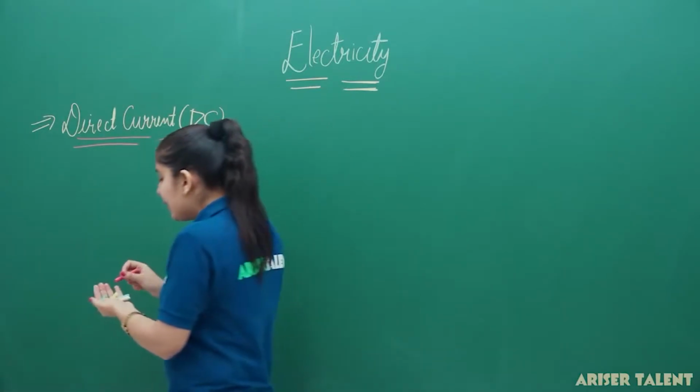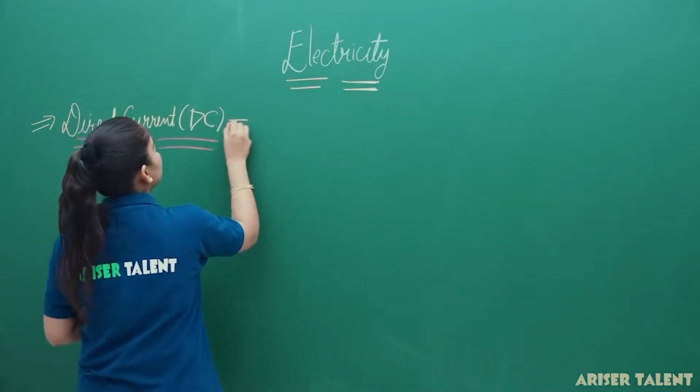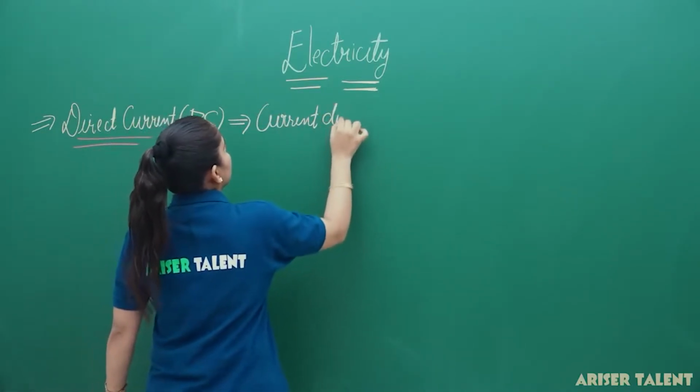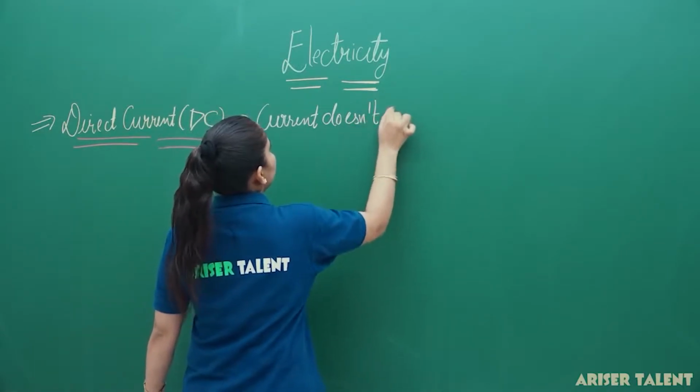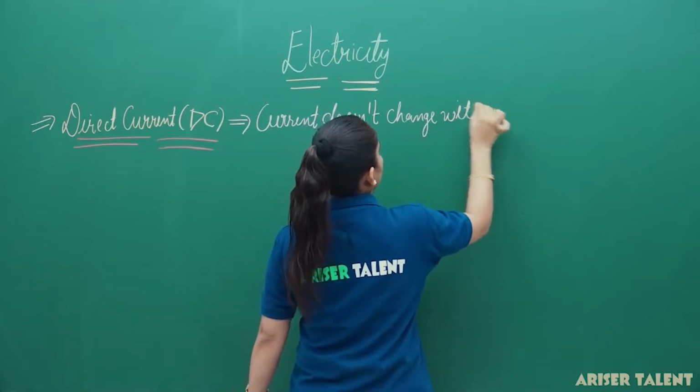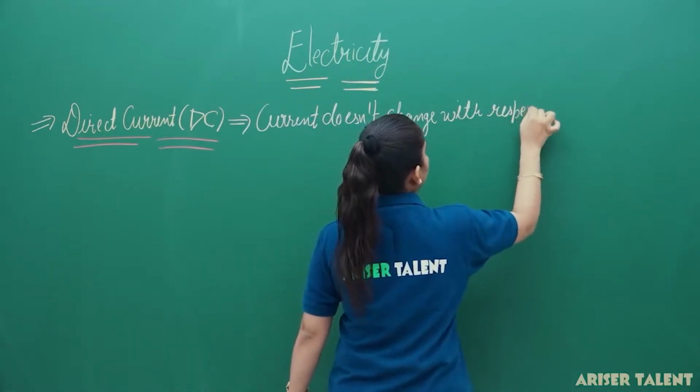So, direct current is a current that does not change with respect to time.